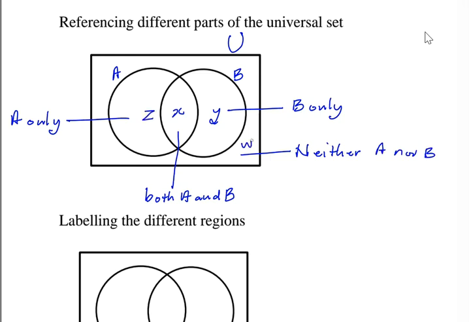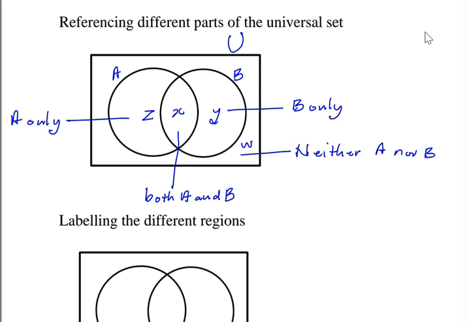So we're looking at how an examiner would alert somebody doing a set question as to where elements should go in the set. We say elements where Z is would be students who are doing accounts only. X would be students who are doing both accounts and biology.